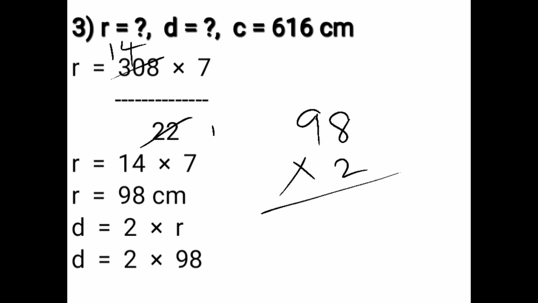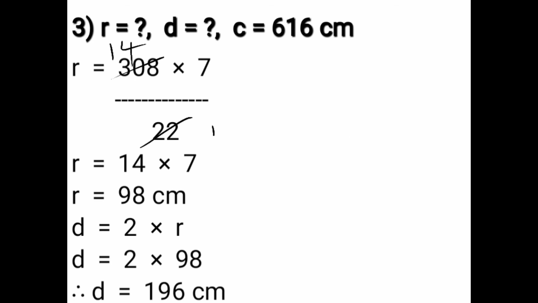Multiply this 98 into 2. 2 8s are 16. 2 9s are 18. 18 plus 1, 19. Okay. Therefore, diameter is equal to 196 centimeter.